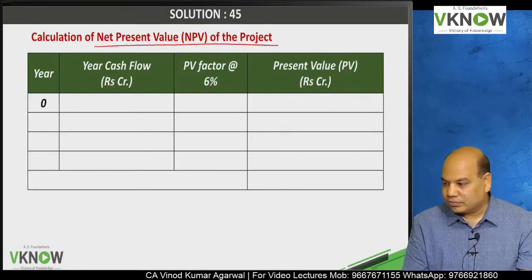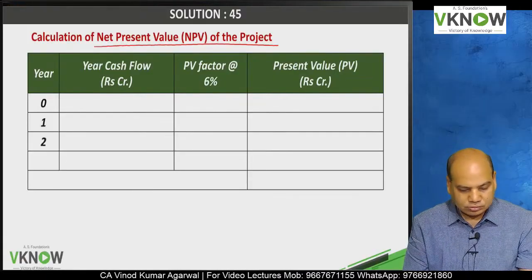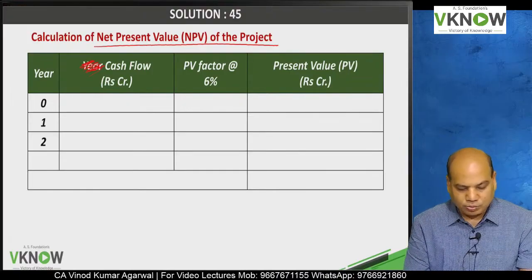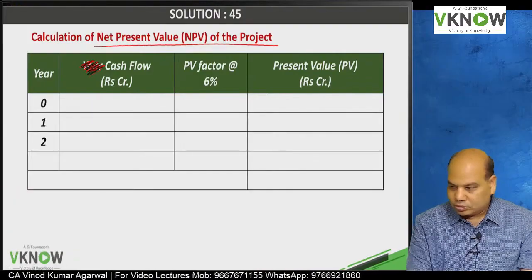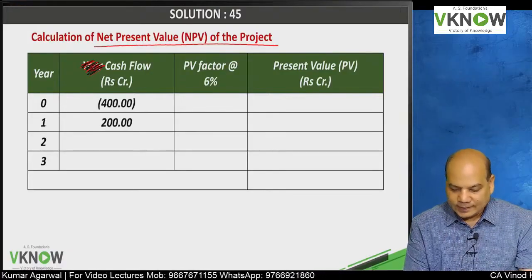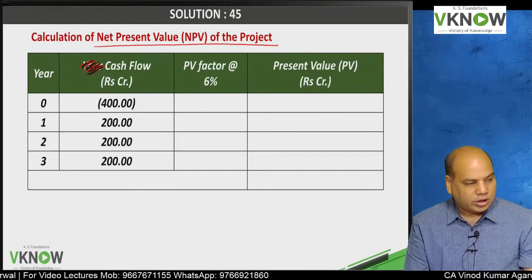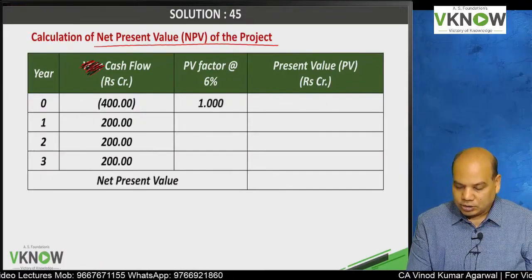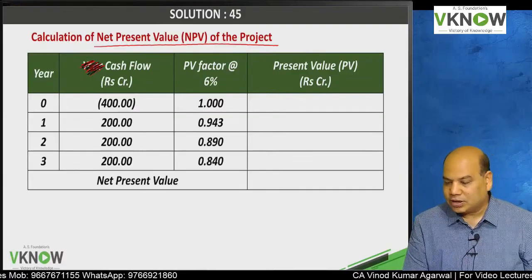So write down please year 0, and in the second column write cash flow, rupees in crore. Very good, Divya. So the cash flow is 400, and then your annual inflow is 200. Write down the factor at 6%.